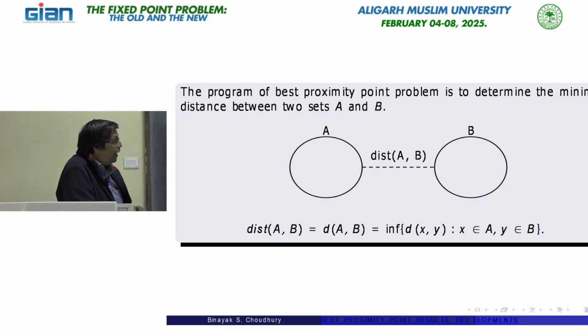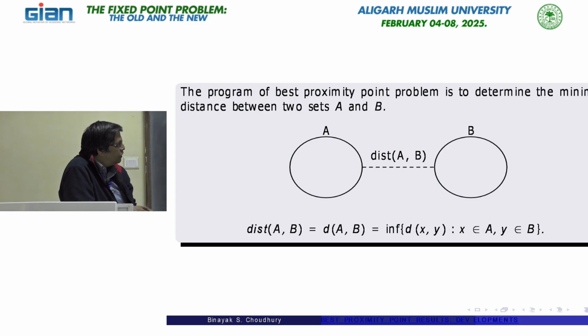Now, the point is that by taking the infimum, you do not commit yourself that there are actually two points between which the distance is the minimum distance, because the infimum may not be attained. So, you cannot say that if I can find these two points, I will have a distance. No, you cannot say. And that is the concept of best proximity pair.